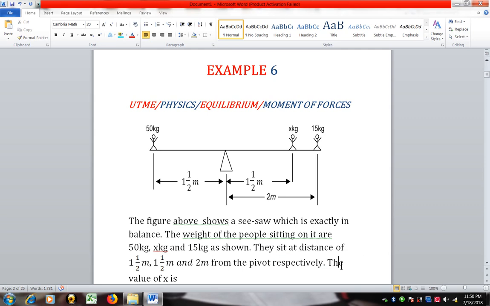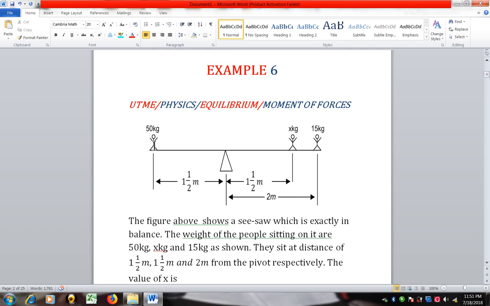Now from this diagram, what we have are three different people sitting on a seesaw. The 50 kilogram is sitting on this end, while mass X kilogram and 15 kilogram are sitting on the other end of the fulcrum.